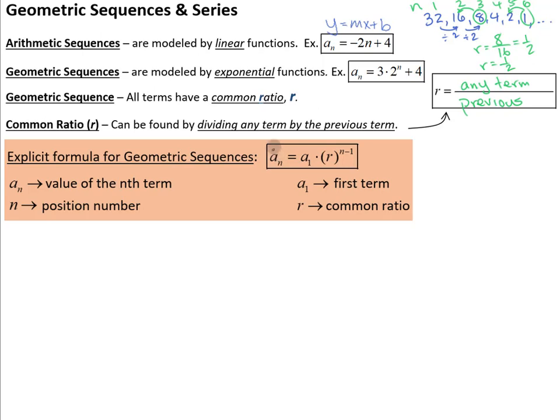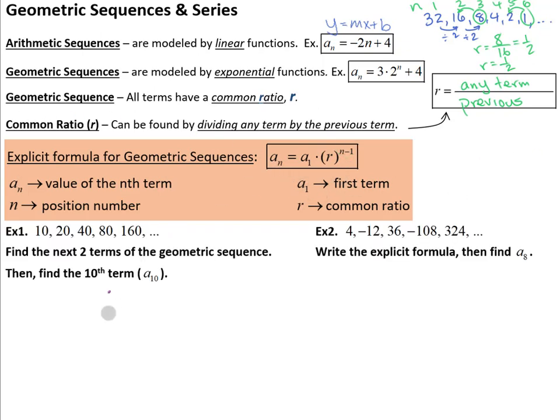The nth term equals the first term times our common ratio to the n minus 1 power. Again, there's this adjustment because there's no 0th term, so we will usually see an n minus 1 in our formula.